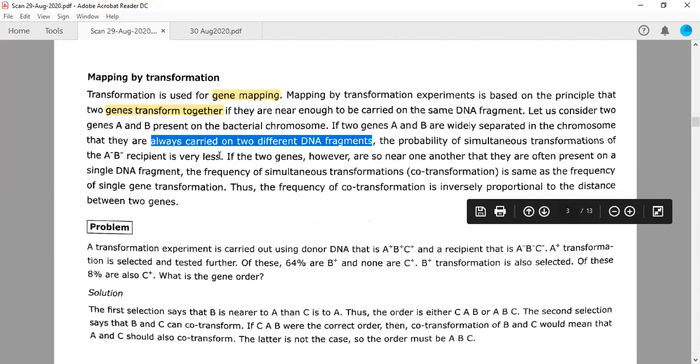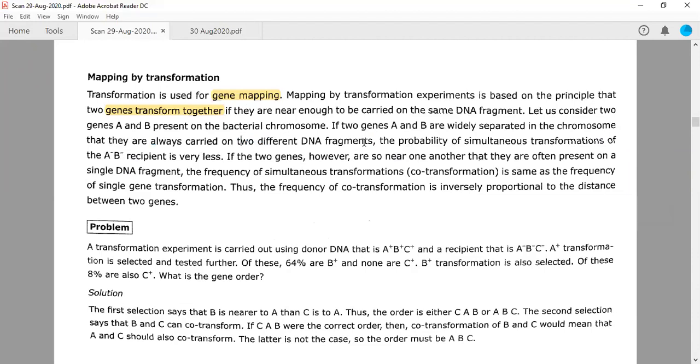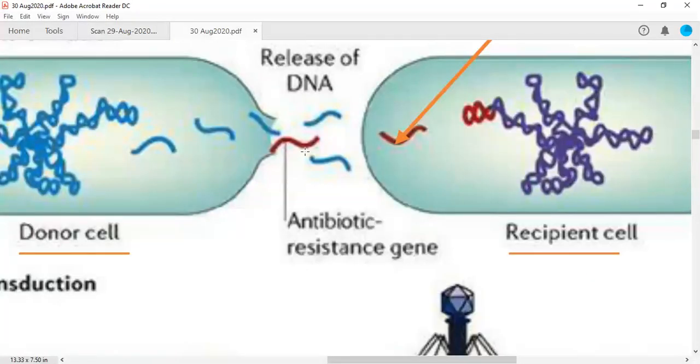Because they are present over two different DNA fragments, that probability is very less. As I showed you in this particular example, suppose one fragment has gene A and some other random fragment has gene B. There is a low probability that both these fragments will be taken up by this recipient cell.